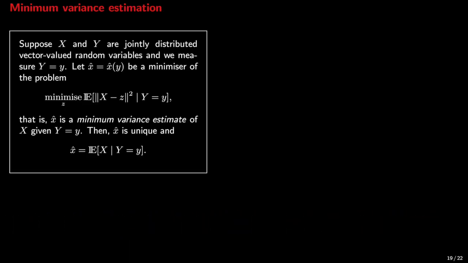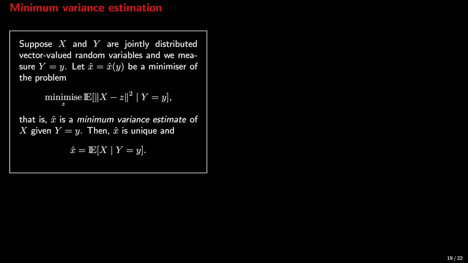There are several ways we can construct an estimator, depending on what we want to achieve. Here we will present an estimator whose estimates have a minimum variance. Suppose that x and y are jointly distributed vector-valued random variables. They can be either continuous or discrete. We observe a realization of the random variable y.